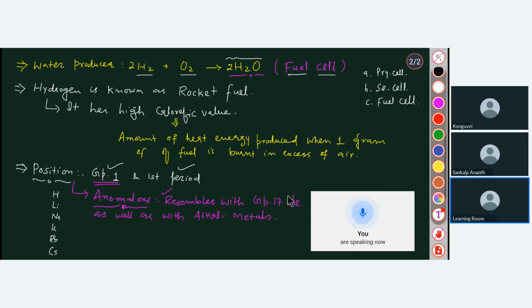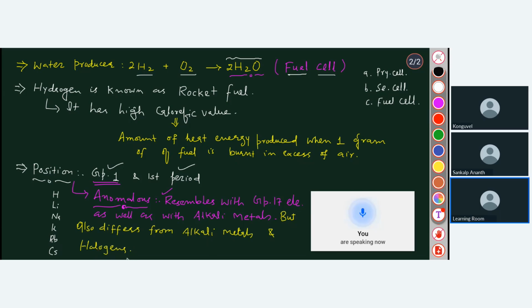But important is that it also differs from alkali metals and halogens, that is group 17. So first, it resembles both these groups, the alkali metals and halogens, but it also differs from them.